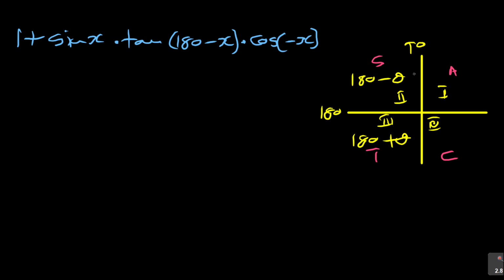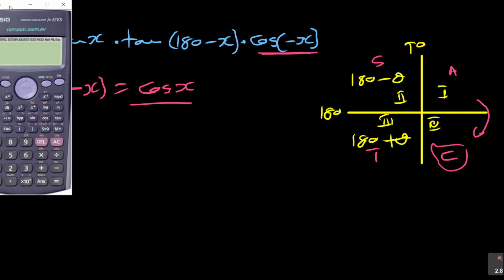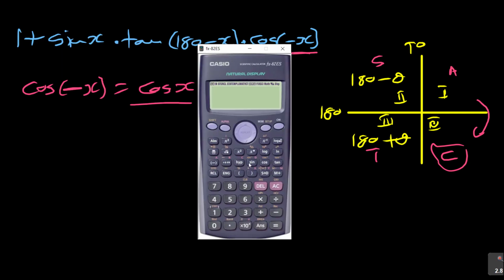So now, I'm quickly reminding you: when you have a negative angle, we are moving in this direction, and we're in quadrant number 4, and cos is positive, so cos of negative x is simply cos x. You can choose any number, for example 20: cos of negative 20, focus on the sign, it's positive.